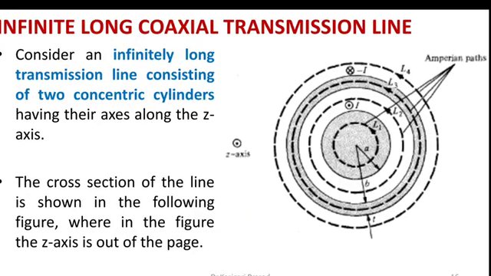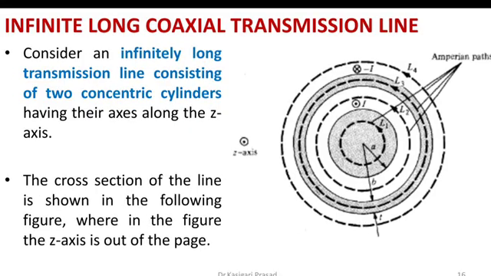Now we continue with the infinite long coaxial transmission line. Let us consider an infinite long transmission line consisting of two concentric cylinders having their axis along the z axis. As shown in this particular figure, we have a coaxial transmission line which has an inner conductor as well as an outer conductor, two concentric cylinders.